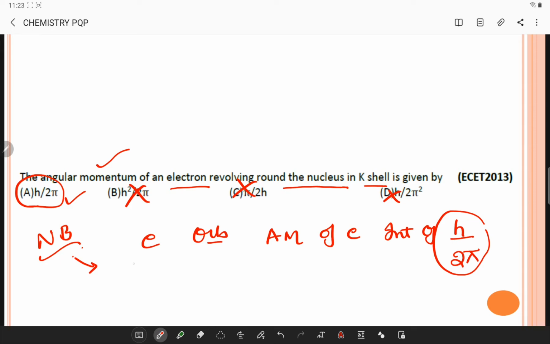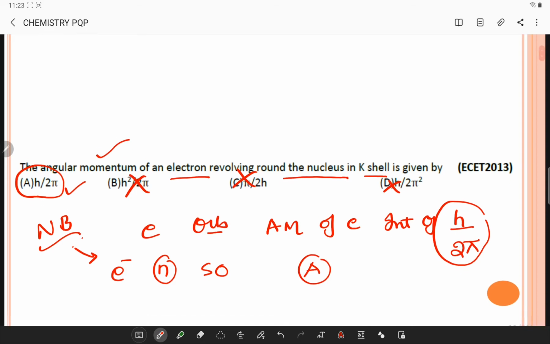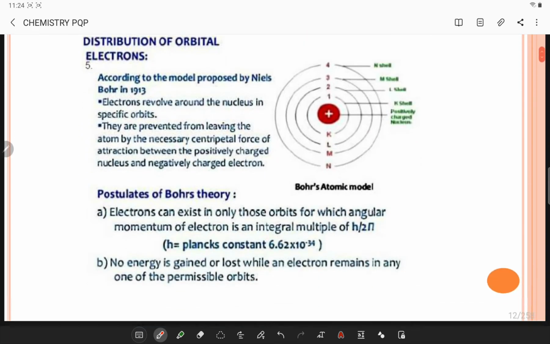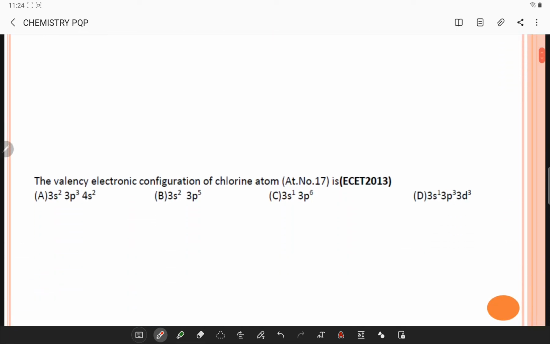Niels Bohr also stated electrons revolve around the nucleus in specific orbits, and they are prevented from leaving the atom by the necessary centripetal force of attraction between the positively charged nucleus and negatively charged electron. Also remember, no energy is gained or lost while an electron remains in any of the permissible orbits. The detailed explanation is available here. You can get this PDF from the link given below.